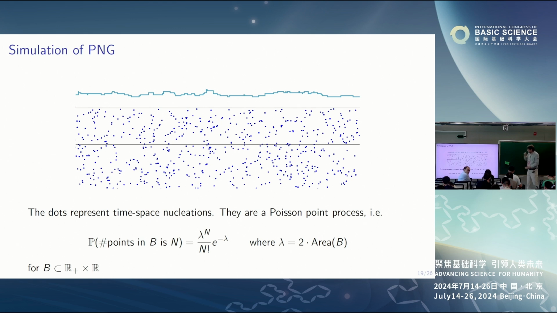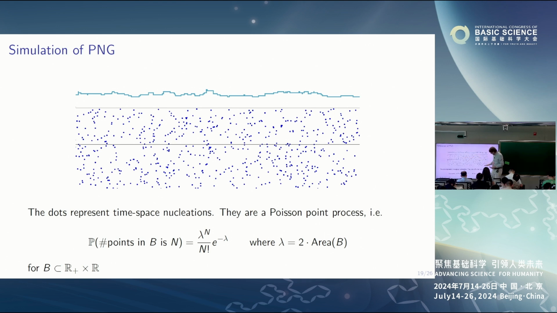So it is quite easy to simulate PNG. If you look at the space-time domain, here the horizontal axis is space, the vertical axis is time, and we sample a Poissonian point process with intensity 2. These dots are the random dots. This horizontal line corresponds to the time.